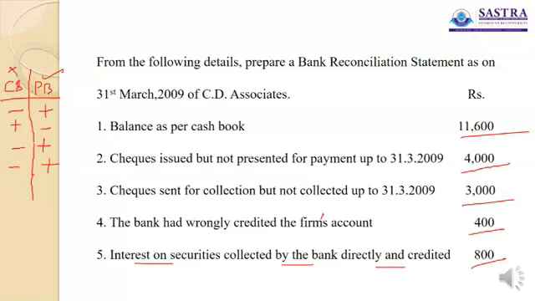So according to these symbols, you just add and deduct the transactions, taking the balance as per cash book as the base balance in the bank reconciliation statement, so that you would get at the end the balance as per the passbook. This is the basic analysis and preparation of the BRS, and how we need to present it. Let us see that on the next page.